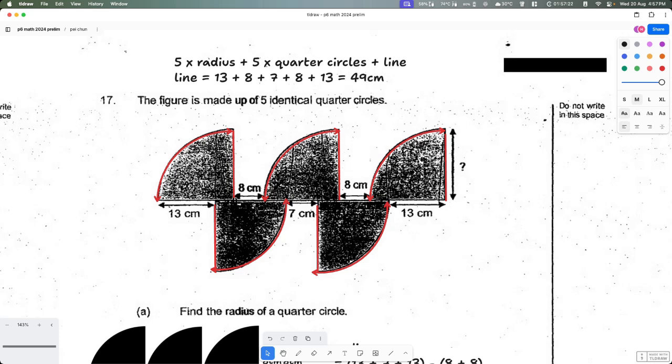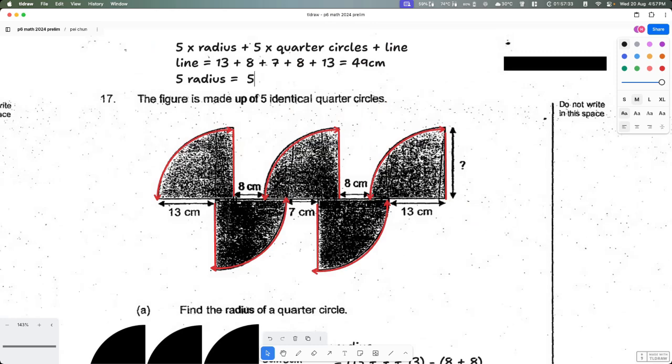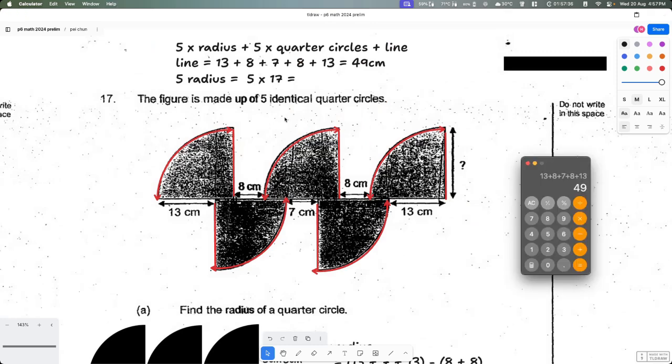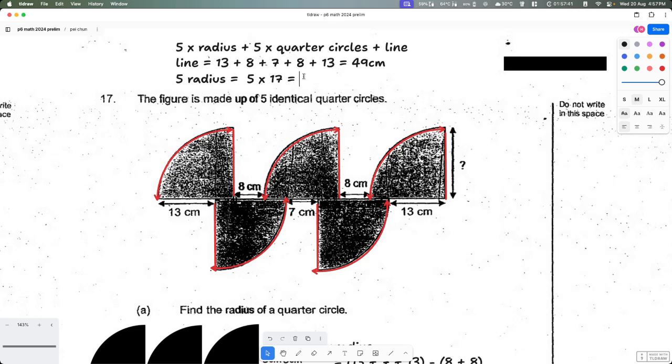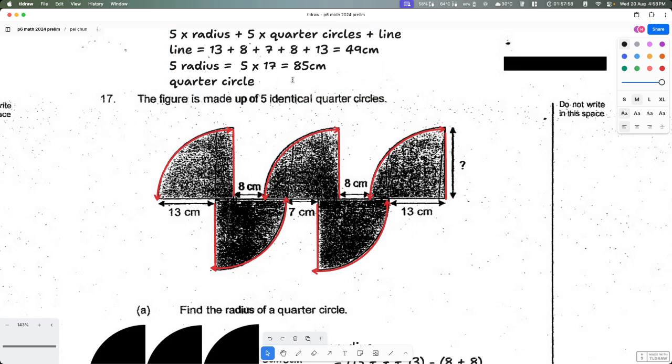Okay, so now we also want to get the 5 times radius. We know the radius is 17, so it's just 5 times 17, which is equal to 85 centimeters. And then lastly, we want to get the five quarter circles. A quarter circle is equal to 1 quarter times 2 pi r.